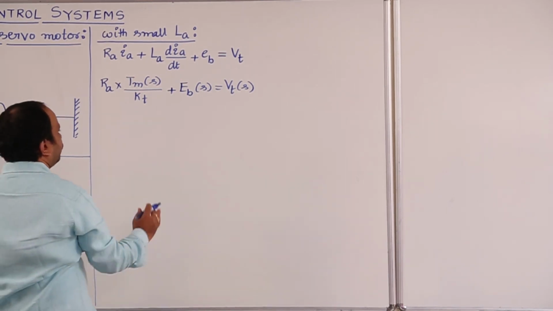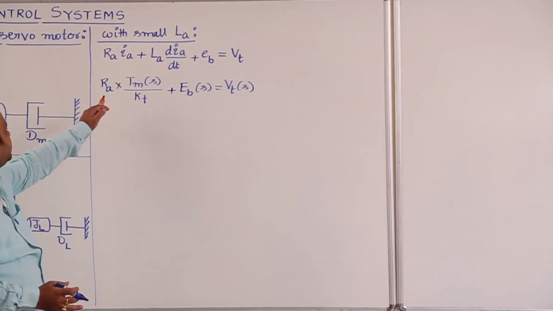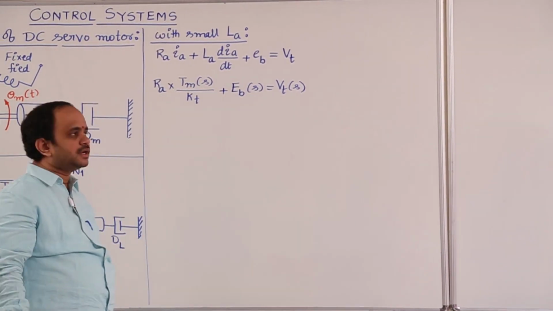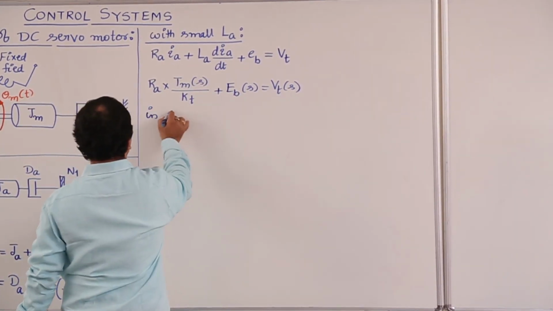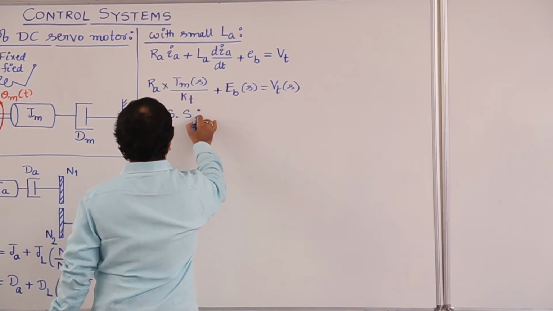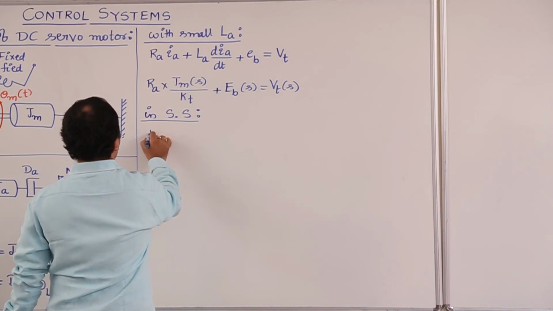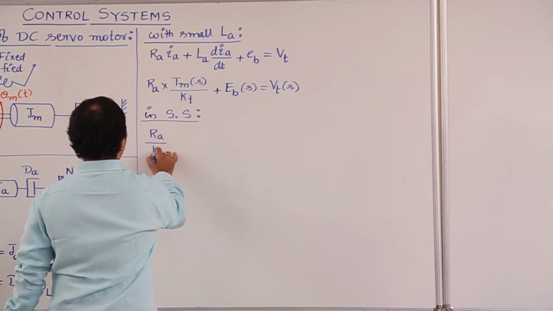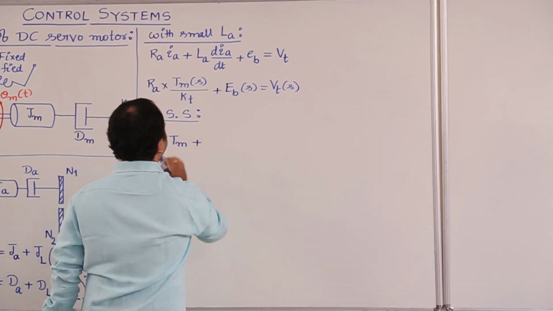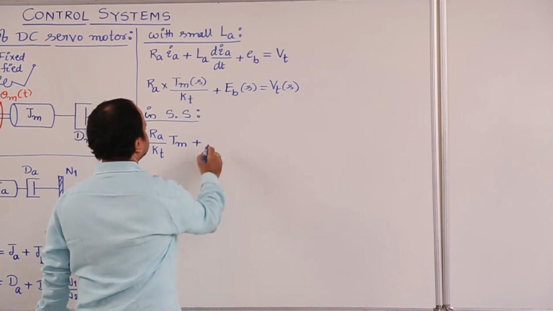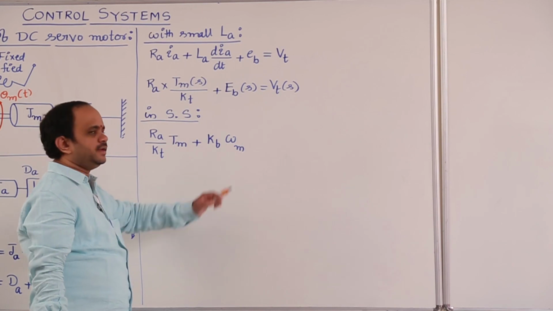Now when the machine is operating in steady state, we can replace each variable with the corresponding constant values. So in steady state, the above equation can be rewritten like this: Ra by Kt into Tm plus Kb into omega m.